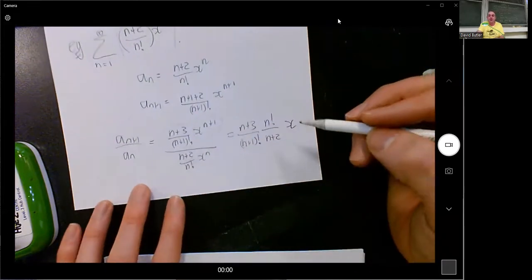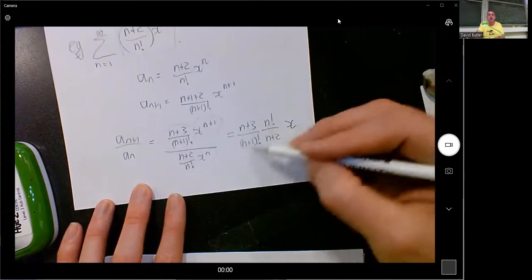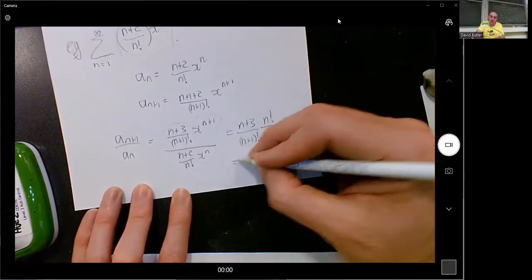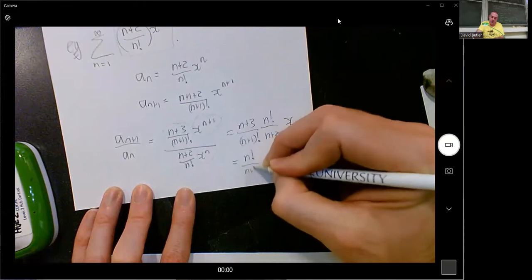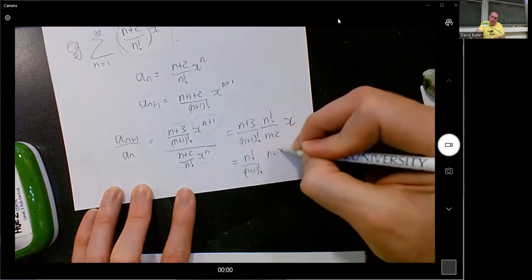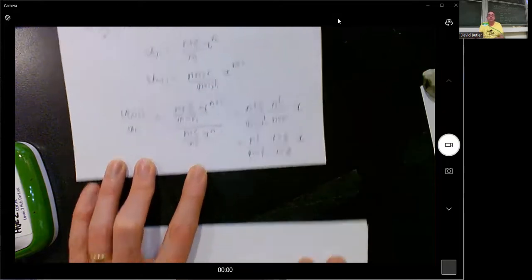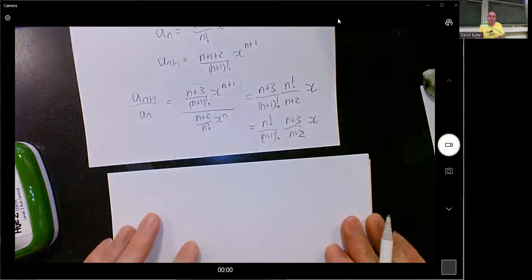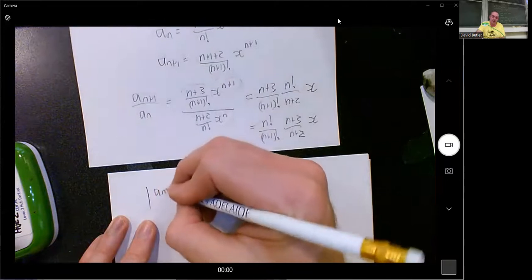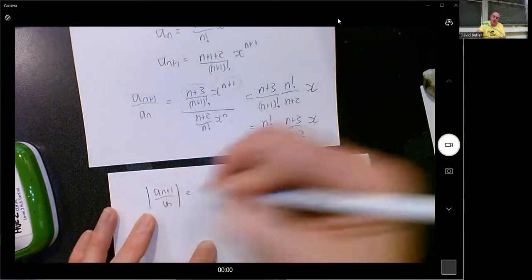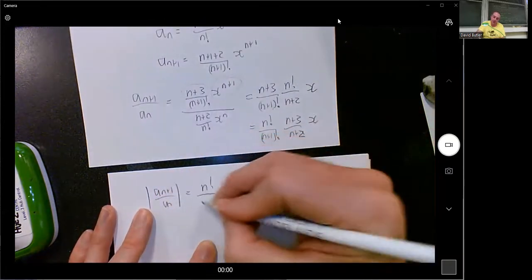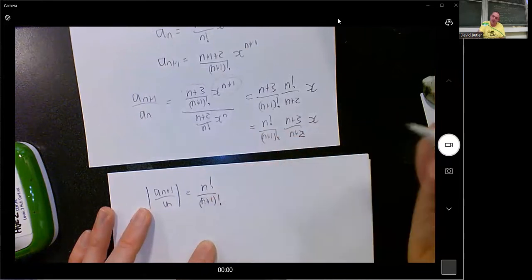And what you normally do is you rearrange it so that the things that are similar are next to each other. And so you've got n factorial over n plus 1 factorial, n plus 3 over n plus 2, and x. And so your absolute value of a_n plus 1 over a_n, in fact, these are all positive numbers anyway.